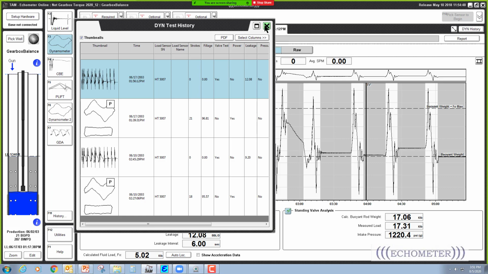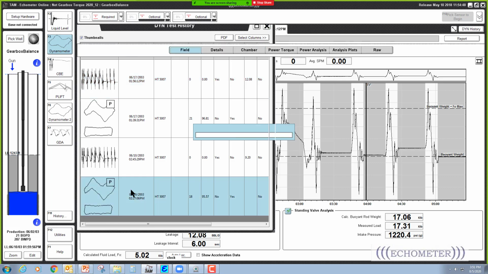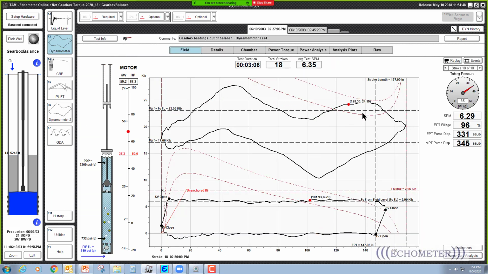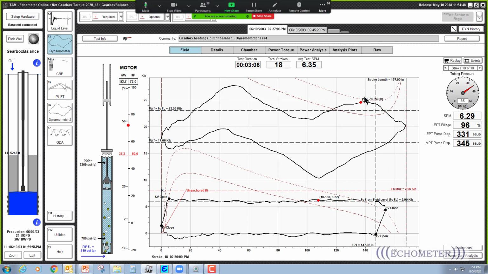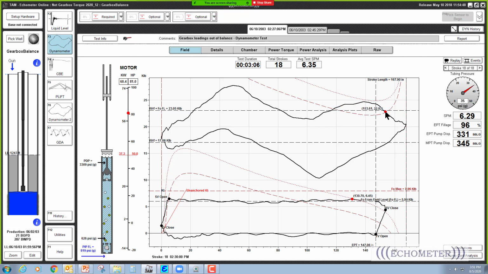When you go to the first one and look at it, what you see is that the rod loading during this portion of the stroke is too high and the gearbox is exceeding the permissible load, and it's overloaded right here. If we put the weights in the right place, then the gearbox loading won't be exceeded and will be okay. So let's go look and see what's going on.